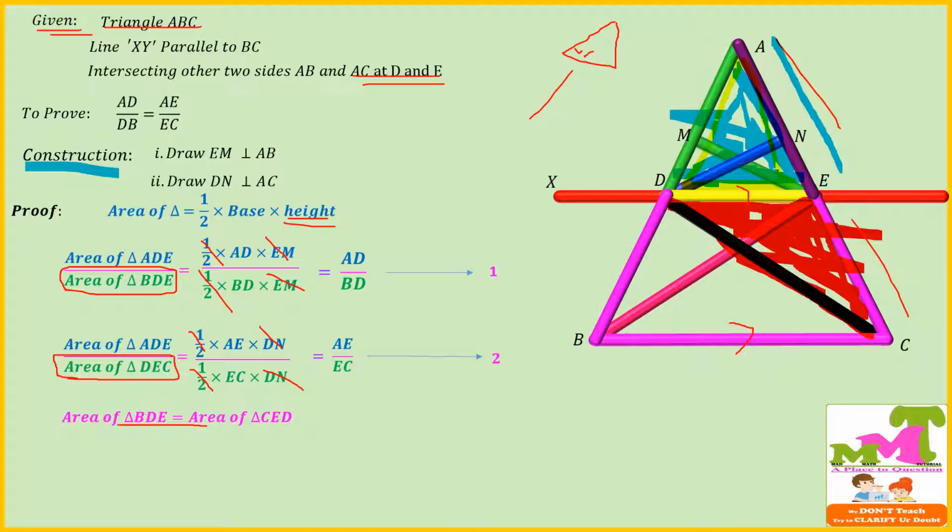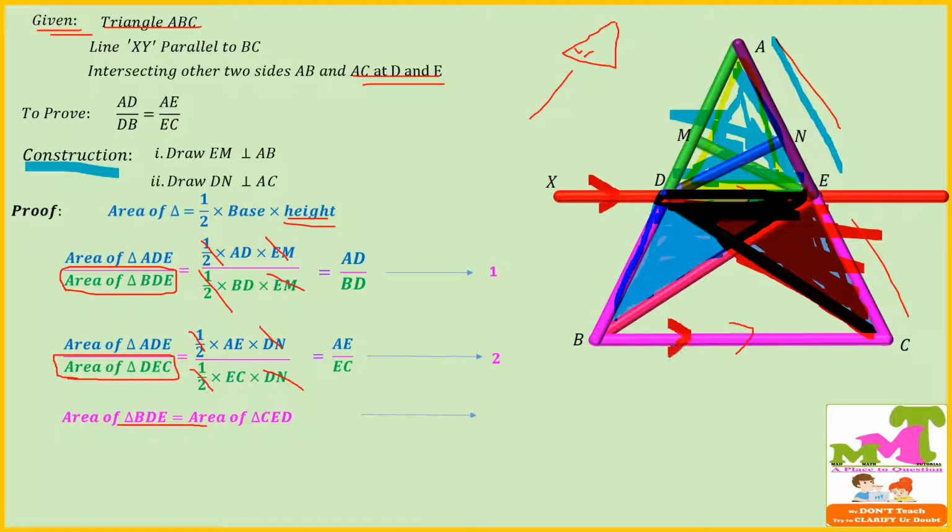As both the triangles, BDE, the blue shaded triangle, and the red shaded triangle, have the same base, which is nothing but DE, and they are between the same parallel lines, that is XY parallel to BC. So I mark this as the third equation.